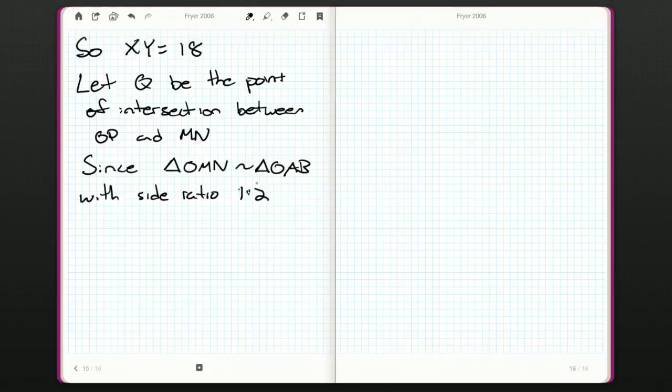So if the sides have ratio 2, all lengths that we can compute are going to have the ratio 1 to 2 if they're similar to each other.